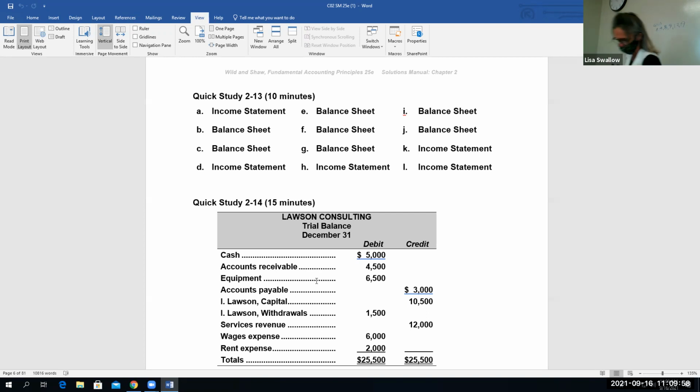Andrew, prepaid insurance. Okay, this one's tricky. There were four things I gave you. Listen, anytime you see the word prepaid, that should trip the trigger that it is an asset. Why is a prepaid an asset?